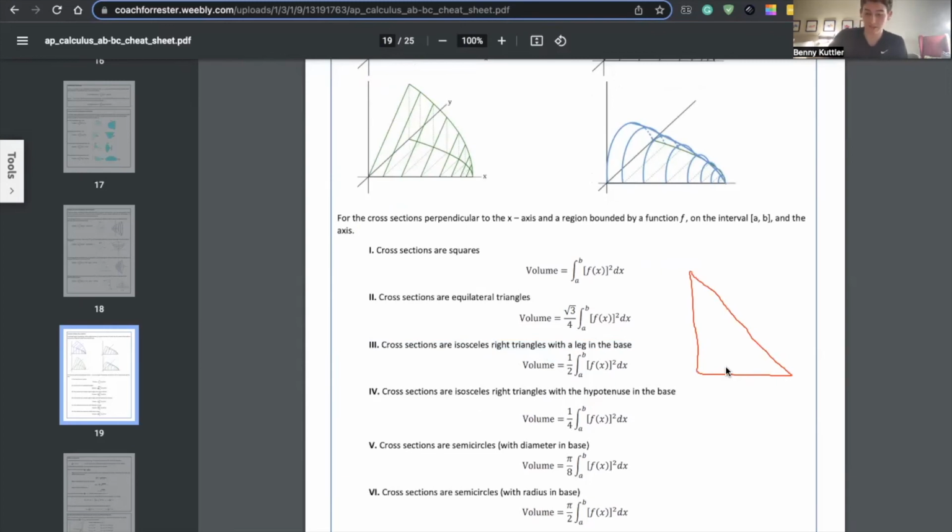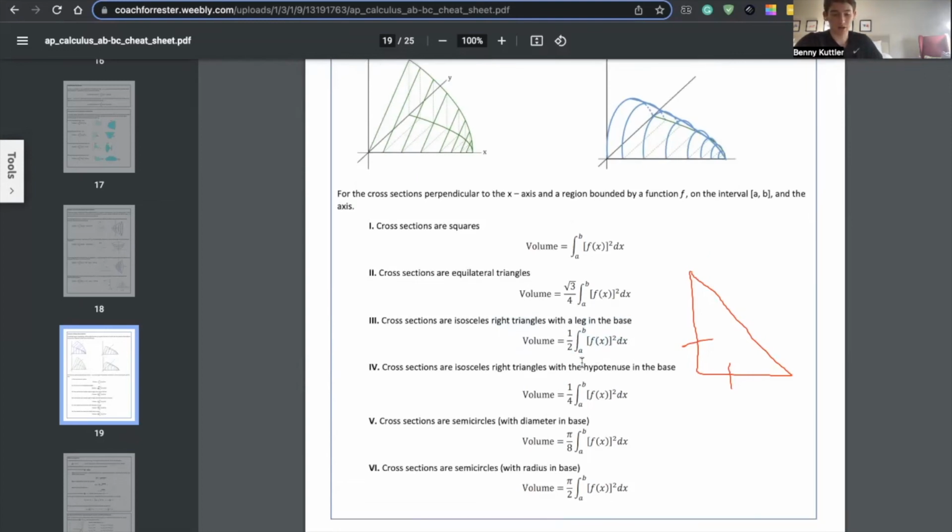But then the height is going to be the function. So it's going to be just the area of a triangle. The function is the height. Base times height over 2, right? Oh, it's isosceles, so these are equal. The area is this side times this side over 2. It's just the function squared divided by 2.